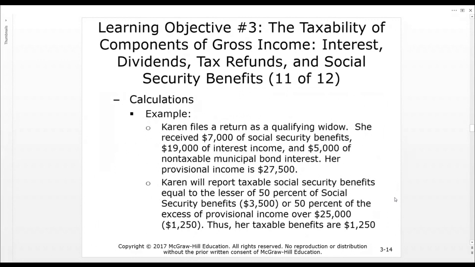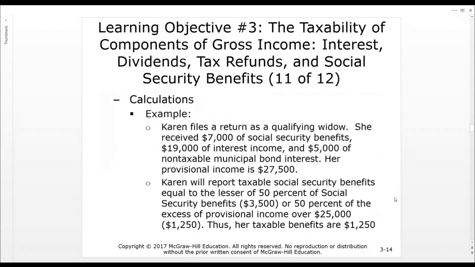Her provisional income is $27,500. How did we come about that? We have the 19,000 plus the 5,000, that's obviously 24,000, right? But now there's an extra 3,500 that we're accounting for, because of the Social Security income.